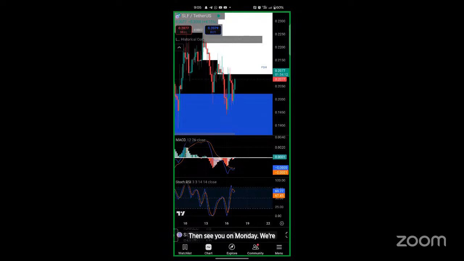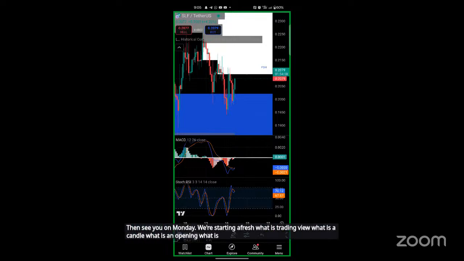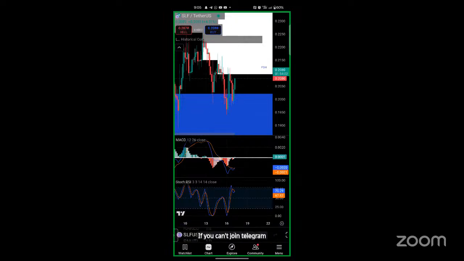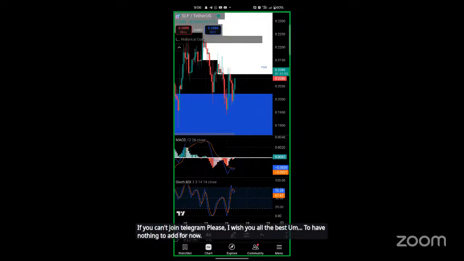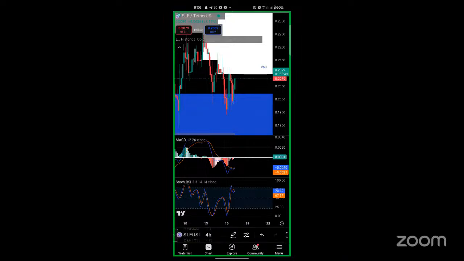What is TradingView? What is a candle? What is an opening? What is a close? I don't have any WhatsApp. If you can't join Telegram, please, I wish you all the best. So I have nothing to add for now. I'll finish up on Saturday.